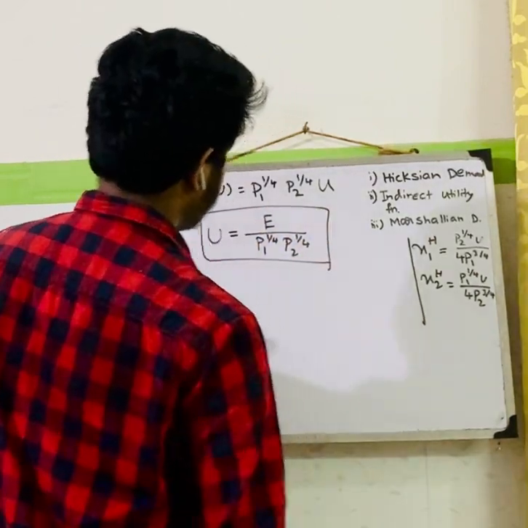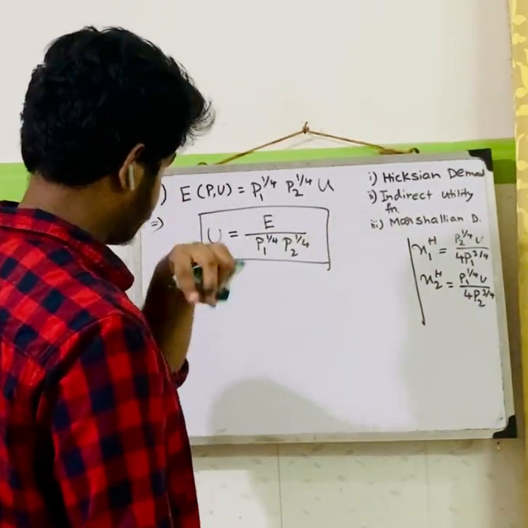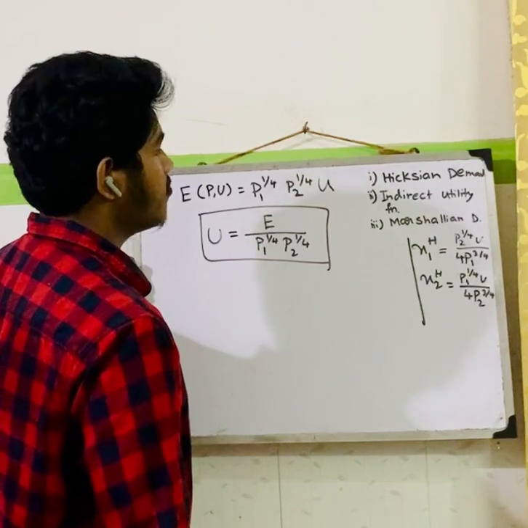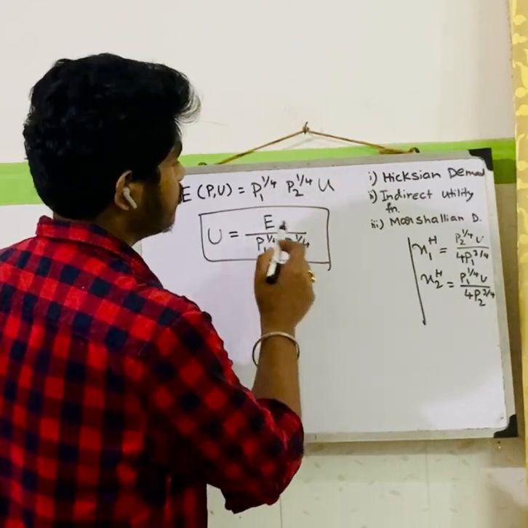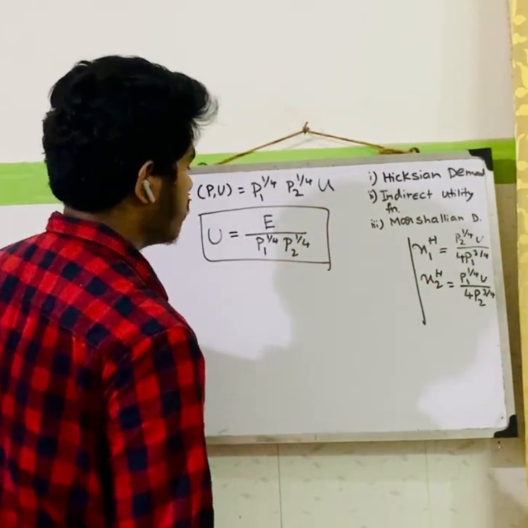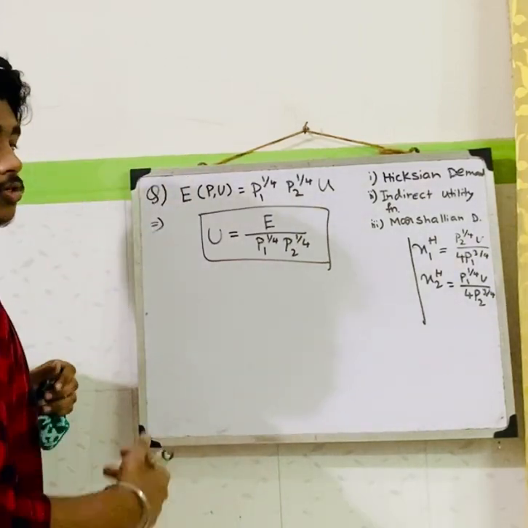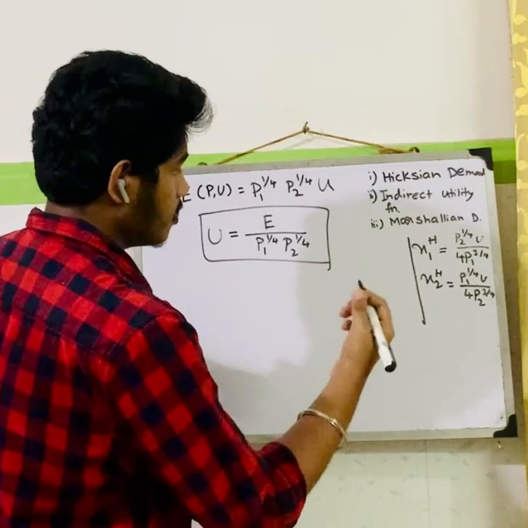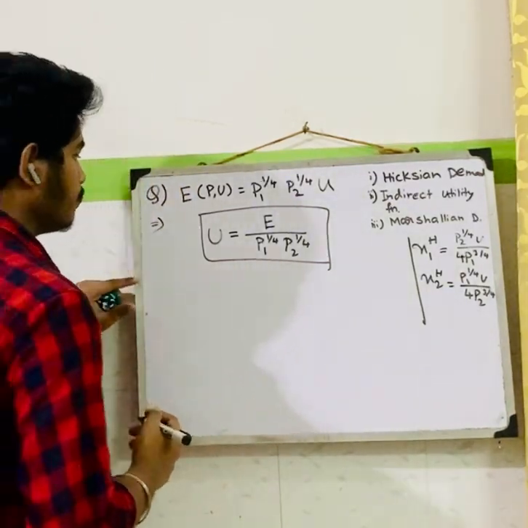So this is our indirect utility function. Now we can derive Marshallian demand by putting this utility function in Hicksian demands. So we'll just do this first, then we'll try Roy's identity, right?